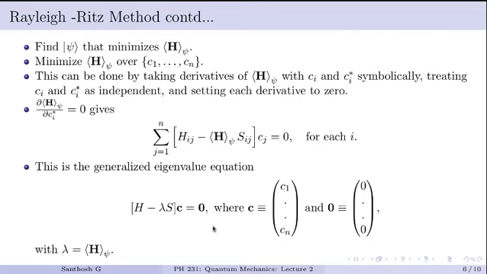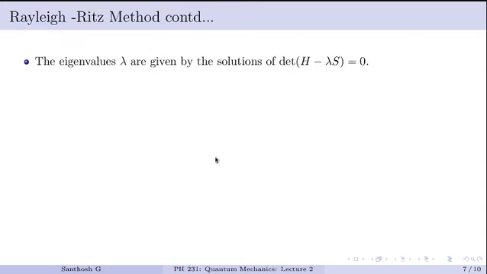Now, this matrix equation has a non-trivial solution C only if the determinant of this matrix is 0. So that is the determinant of H minus lambda S equal to 0.